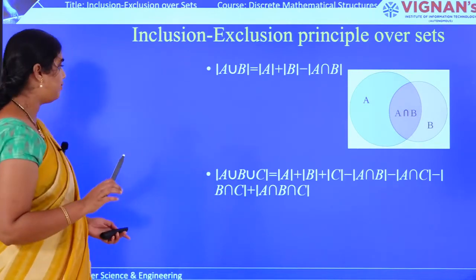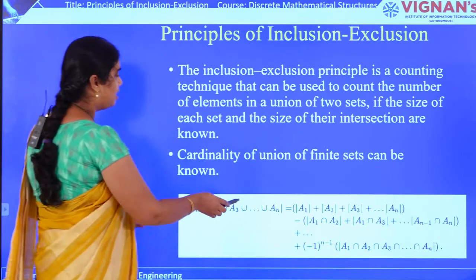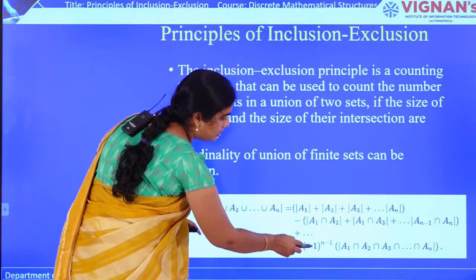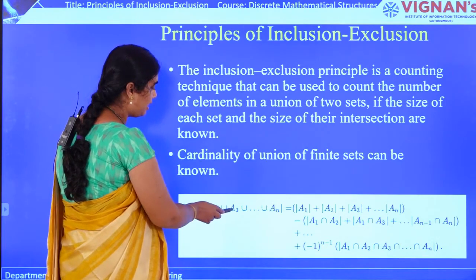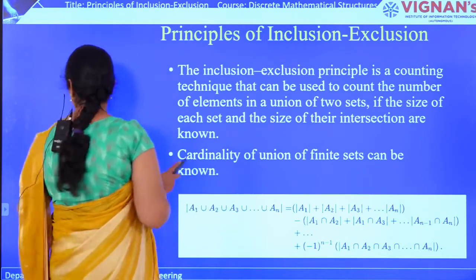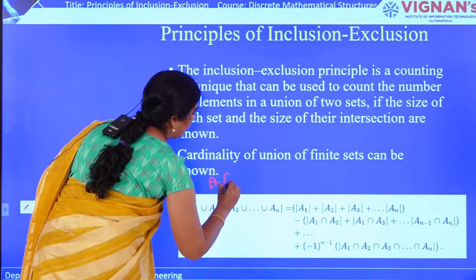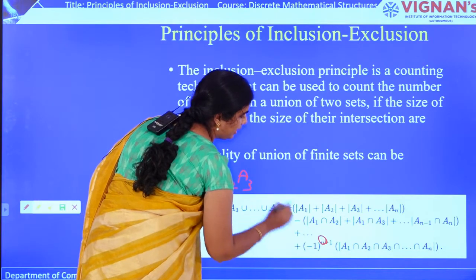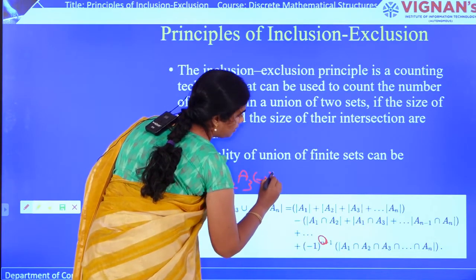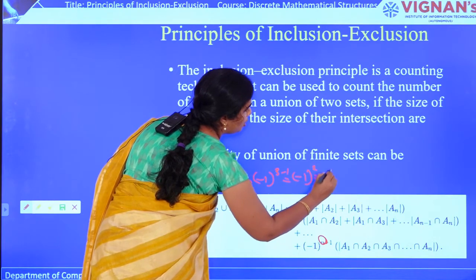What if we are given four sets? In that case, how do we distribute the negative sign? This negative sign is distributed based on the number of sets given. Suppose I am given three sets A1, A2, A3. So this n will be 3. Minus 1 to the power of 3 minus 1 is minus 1 squared, which equals a positive 1.